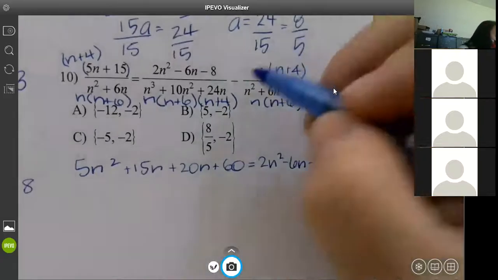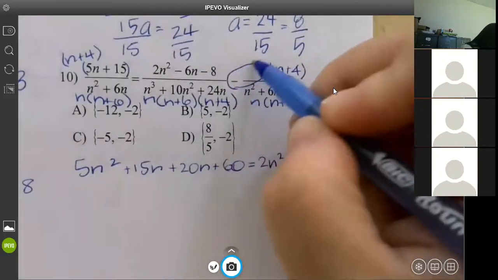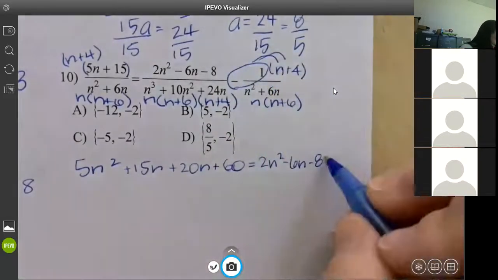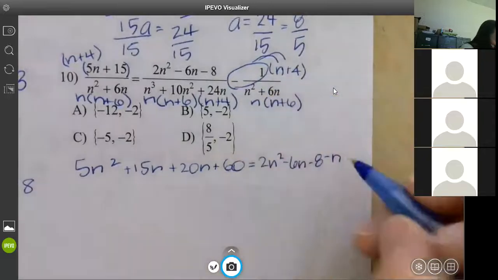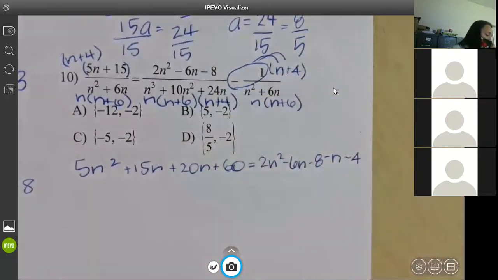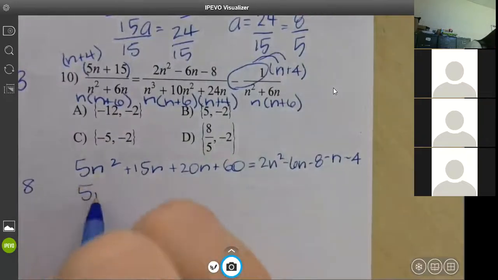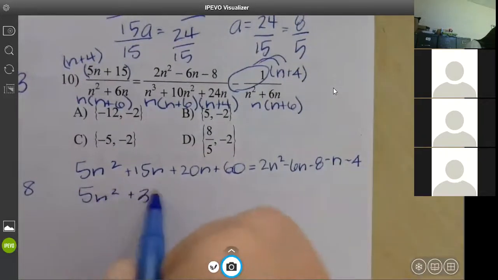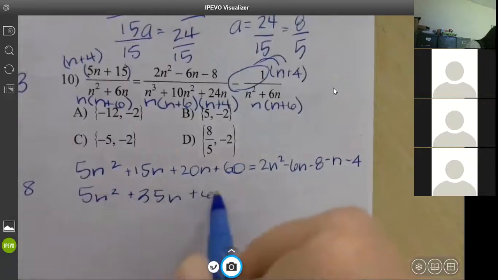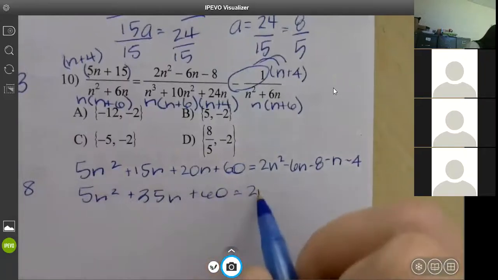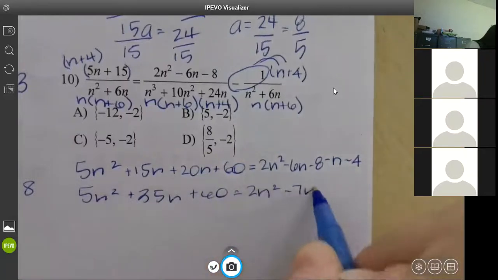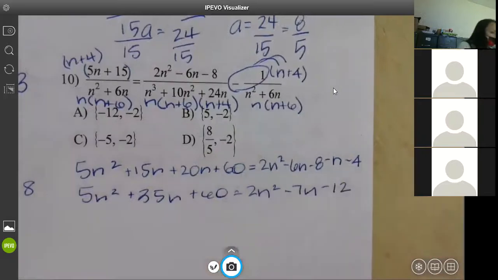And then the last one, negative 1, watch those, times n. Negative 1 times 4, negative 4. Clean it up. We have 5n squared plus 35n plus 60 equals 2n squared minus 7n minus 12.